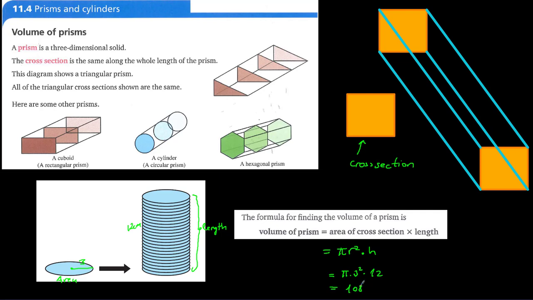Again, I'm repeating the main logic here: infinitely many layers, when they come together up and up, make one solid. And if you want to find the area also, it's related, because areas are put over and over again. That's why we use the area of cross section times length formula for the volume.